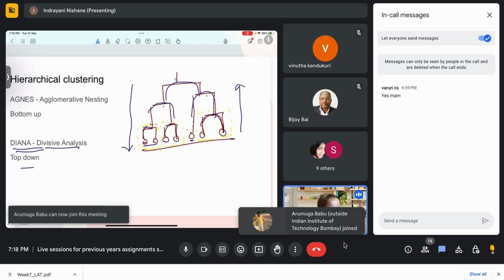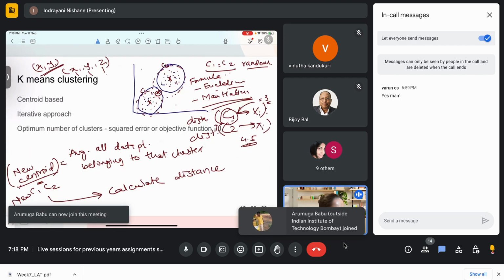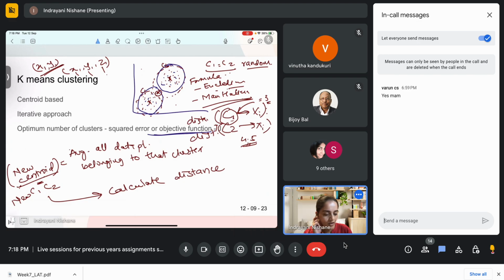There is an objective function or error function, which is the distance between centroid and data point. We want the minimum distance. When we consider squared error, that is squared distance, you remember (x1 - x2) the whole square is the distance formula.